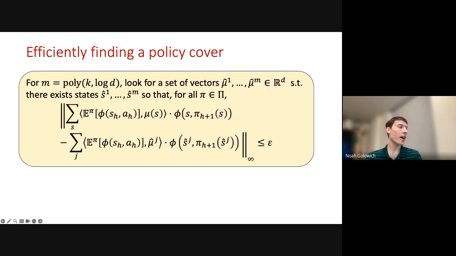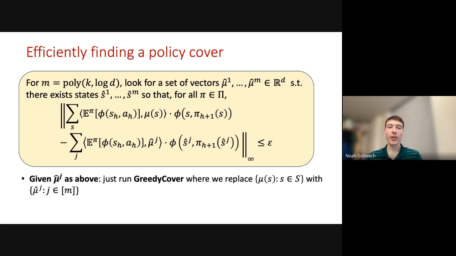Instead of summing over all s, we replace the mu of s with mu hat j, and replace the states s with s hat j. And we want the difference between these two quantities to be at most epsilon. Now, given such a set of feature vectors mu hat j, as I mentioned previously, we can just run greedy cover where we replace the set of all mu of s with the set of all mu hat j.